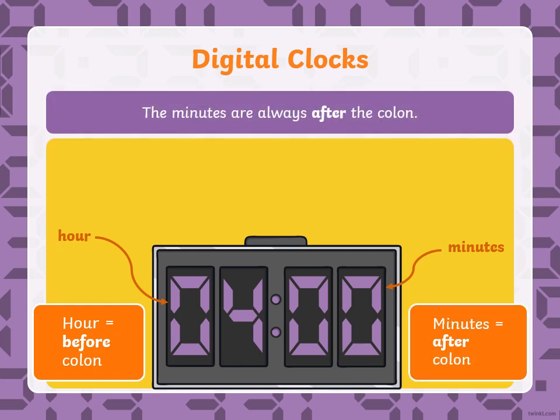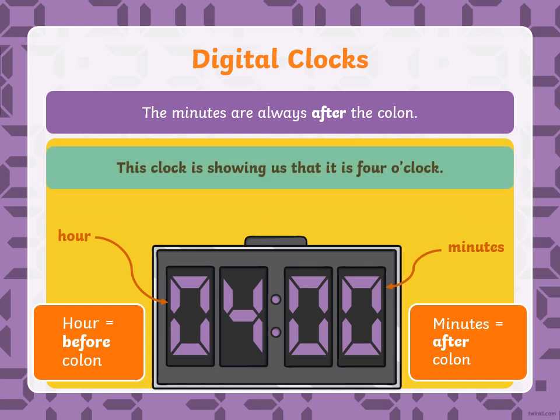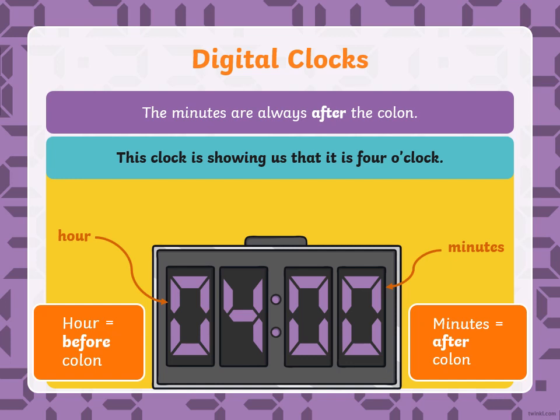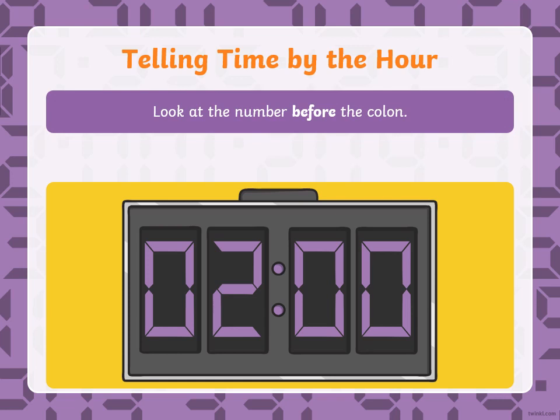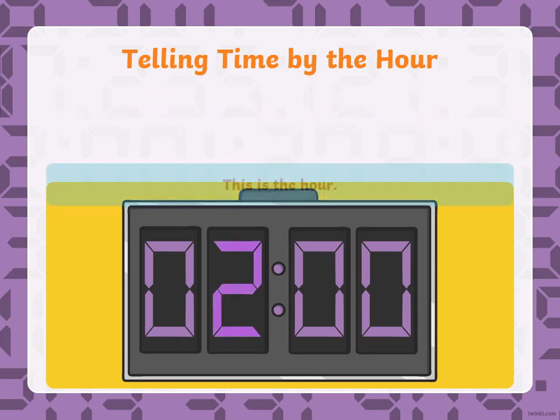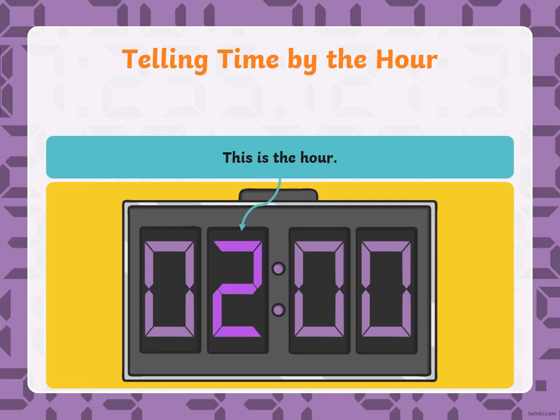The minutes are always after the colon. This clock is showing us that it is 4 o'clock. Look at the number before the colon. This is the hour.